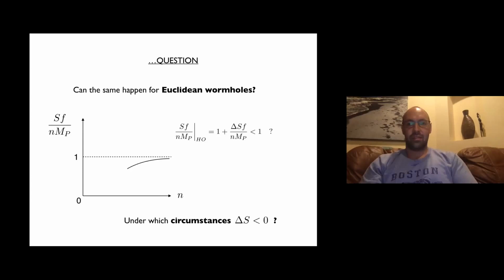So this is tantamount to asking in which case delta S is negative, basically. So this is our main goal, to understand in which circumstances we can prove that delta S is negative.